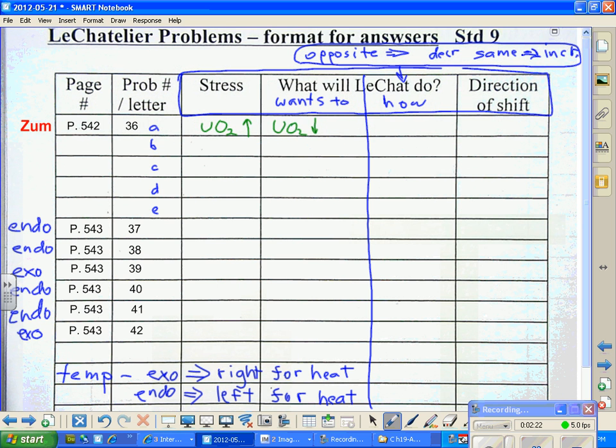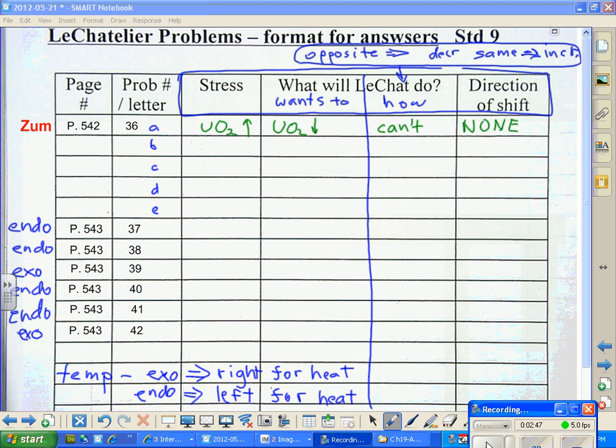However, he's got a problem, and his problem is that UO2 is a solid, and solids do not affect equilibrium. So it is impossible for him to affect the shift, and so there is none. There is no shift. Just not going to happen. Okay, there we go. So that one was fairly easy to figure out.